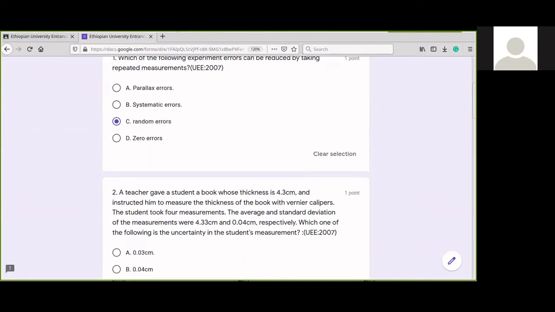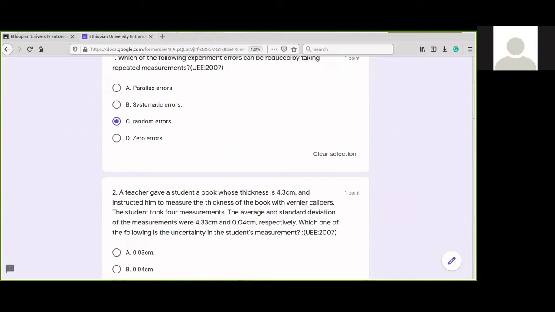Question number 2. A teacher gave a student a book whose thickness is 4.3 centimeter and instructed him to measure the thickness of the book with Vernier calipers. The student took 4 measurements. The average and the standard deviations of the measurements were 4.33 centimeter and 0.043 centimeter respectively.